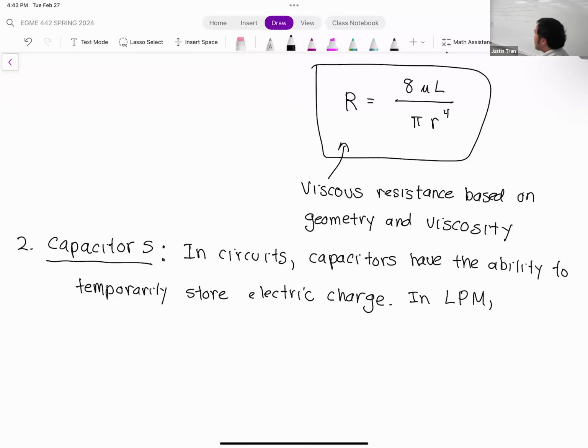And so in LPM, capacitors are used for the same thing, but if we continue our analogy we've talked about before, instead of electric charge, capacitors are going to store blood volume, or blood in general.